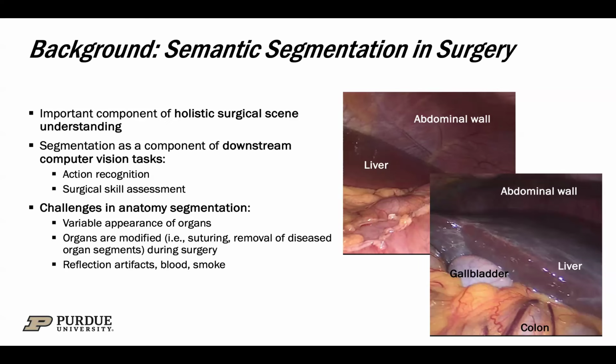And also, when we are recording the surgery through a camera, inevitably, there could be some reflection artifacts and blood smoke. This causes difficulty in data collection, and that results in data scarcity. And that will also result in limited generalizability of the existing segmentation models.